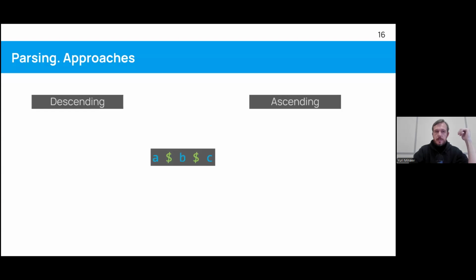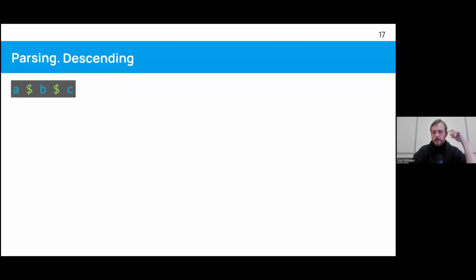So here's our expression we are going to parse. Let's try to parse it first with the descending approach. And by the way, descending parsing is a very popular approach and everyone seems to be using it. There's a reason for that, because that's the only thing you can actually write manually.